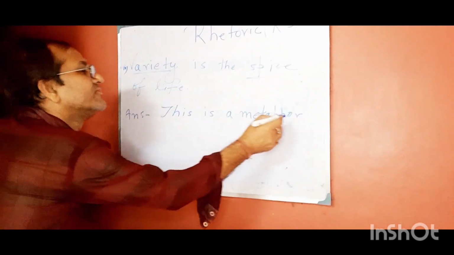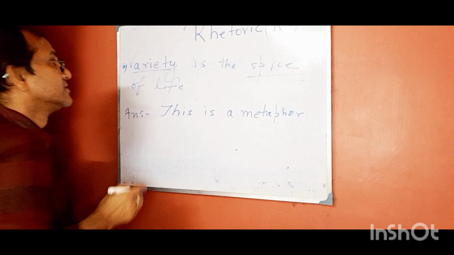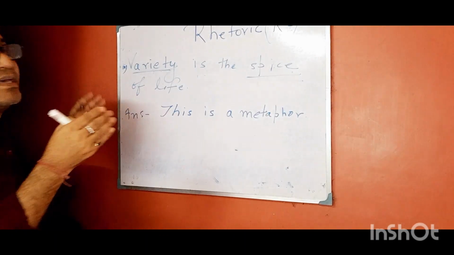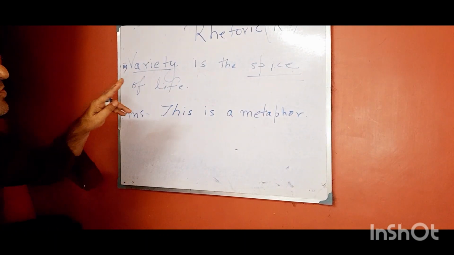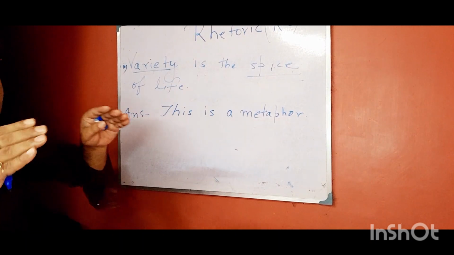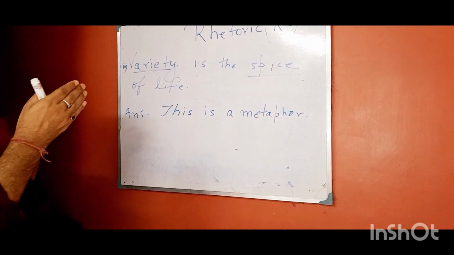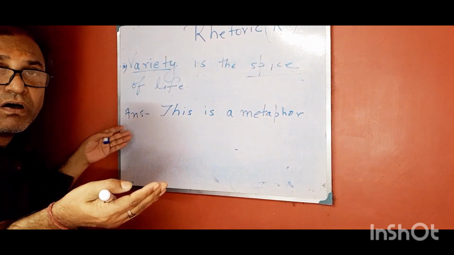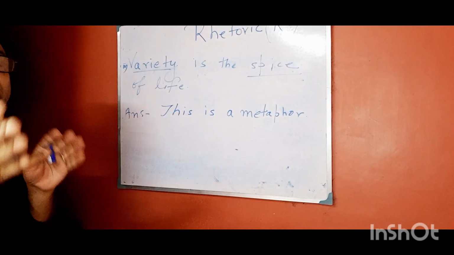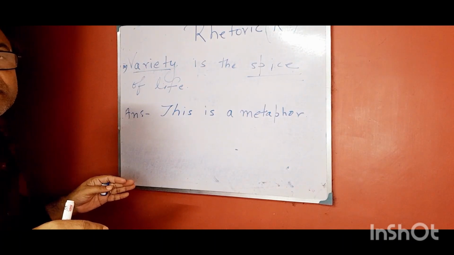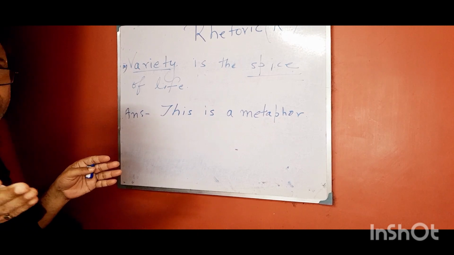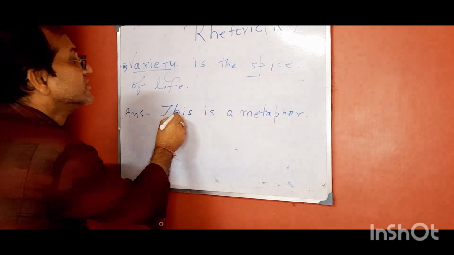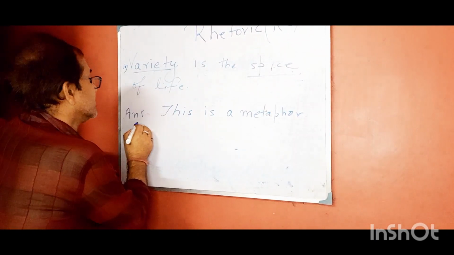This is a metaphor. The comparison here should be between two unallied objects, that means between two objects different in kind, as in simile we have said. This is a metaphor.